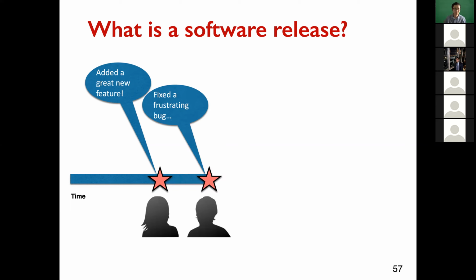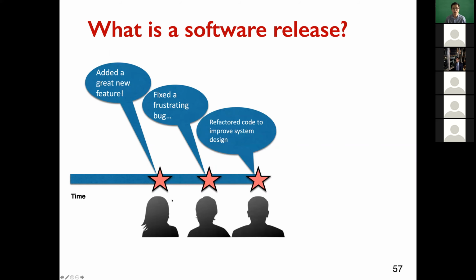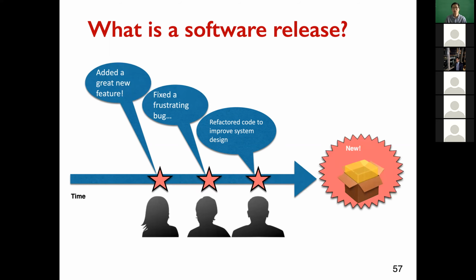And then you may need to refactor your code because you made your code changes in a rush, so you didn't have a chance to make clean code. So you refactor your code. Then you deliver everything to the customer, or you deliver a service to your users. So this is a release, okay?